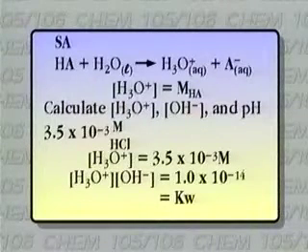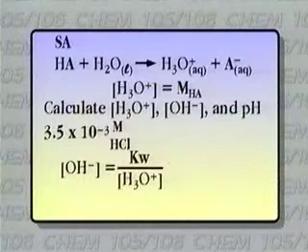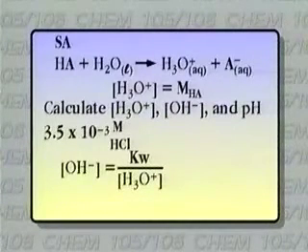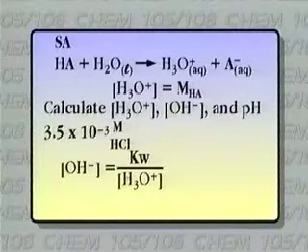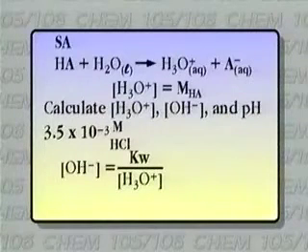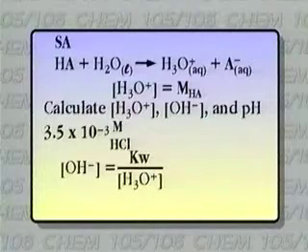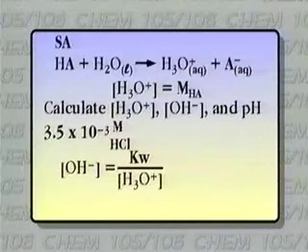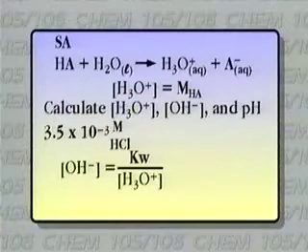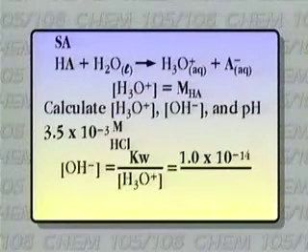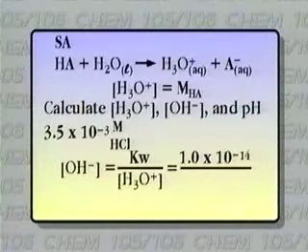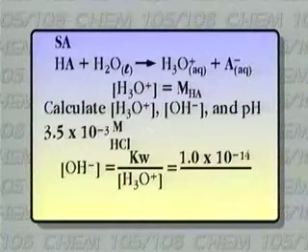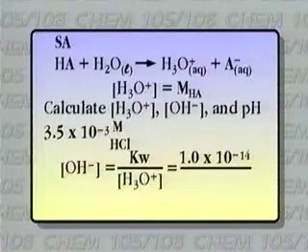So the hydroxide ion concentration is equal to Kw divided by the hydronium ion concentration.